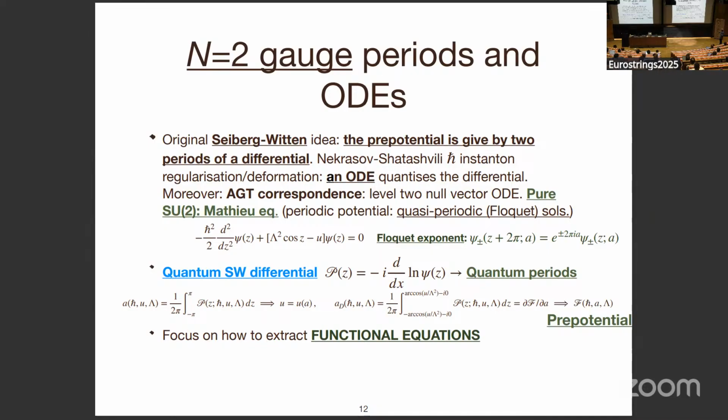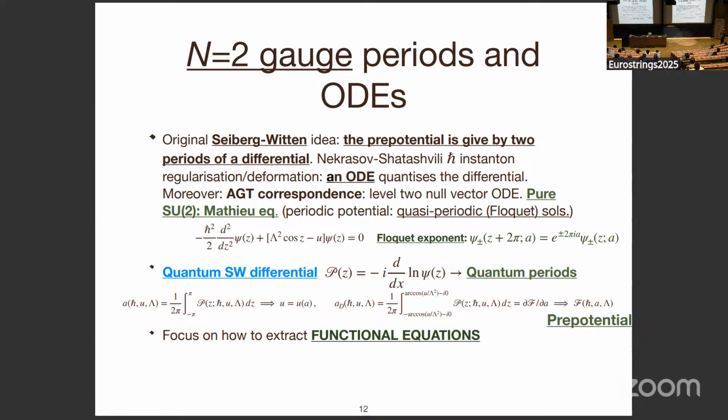So you have a differential. Their idea was using a suitable differential, and you make the integration around a cycle, and you get the electric period. Then you invert this relation.